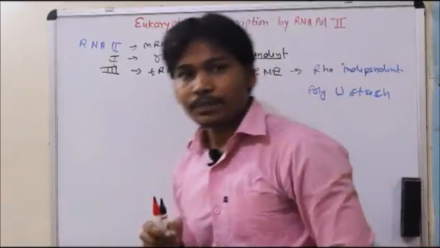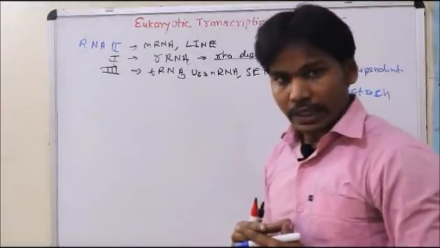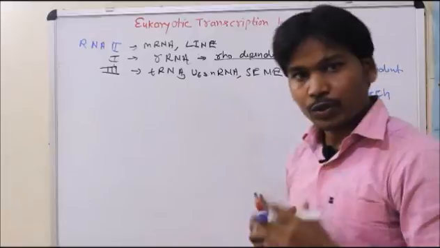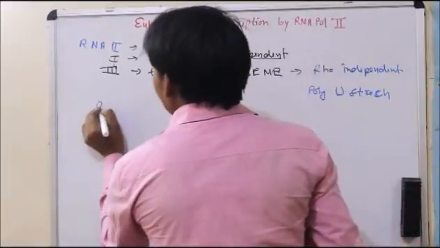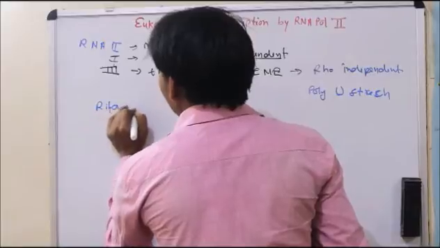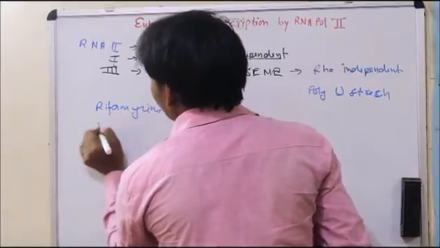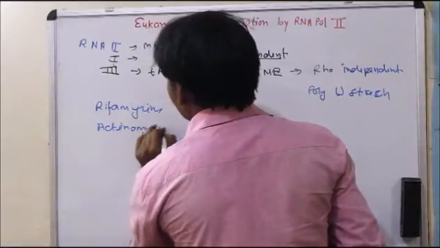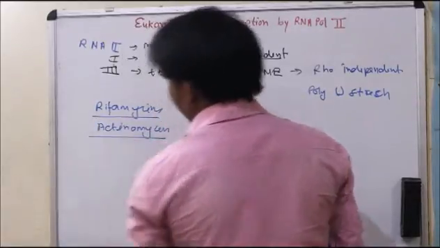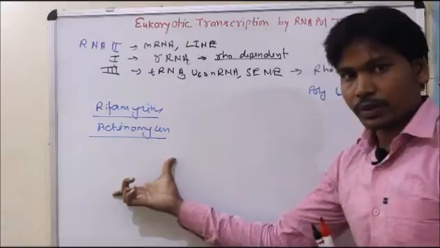What are the inhibitors of eukaryotic transcription? Rifamycin and actinomycin both inhibit transcription.